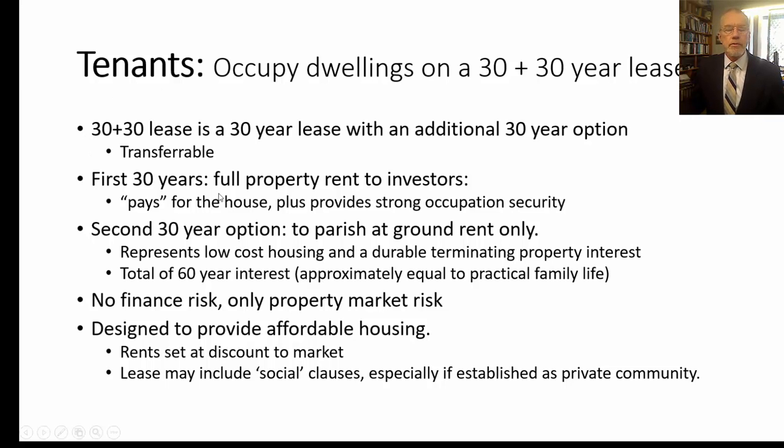The first 30 years, the tenants will be paying a full property rent to the investors, again adjusted for social housing objectives as necessary. We can conceptualise this as a period over which the tenant is virtually paying for the construction of the land, the house, not the house and land, simply the house.